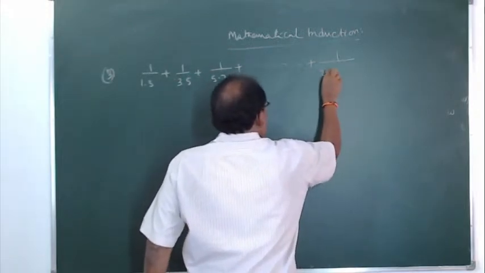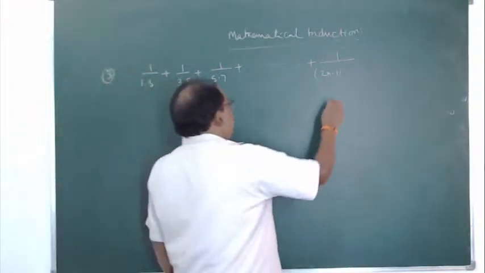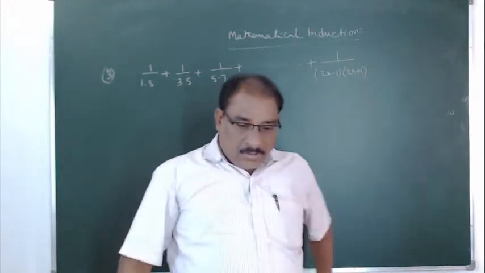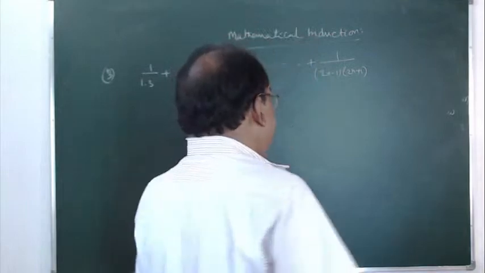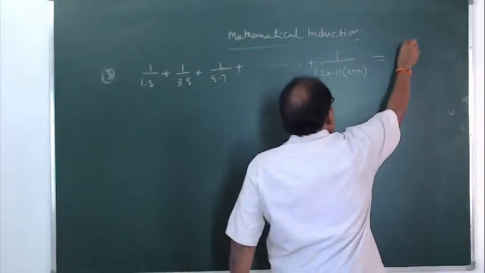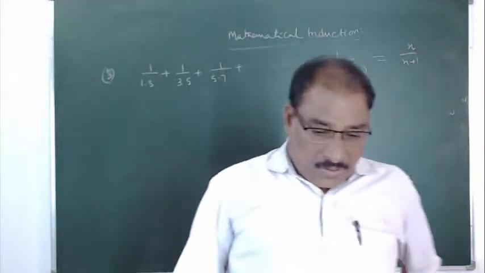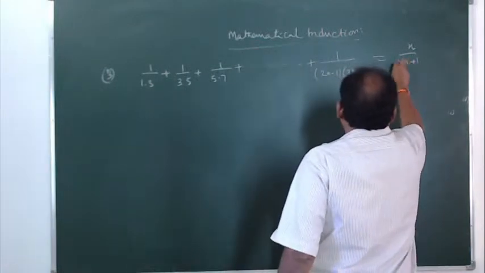Here, the nth term is 1 by 2n minus 1 into 2n plus 1, and that is equal to n by 2n plus 1. Okay.